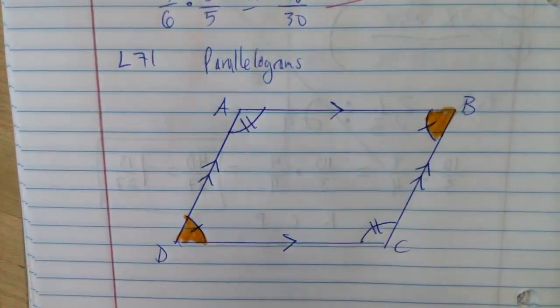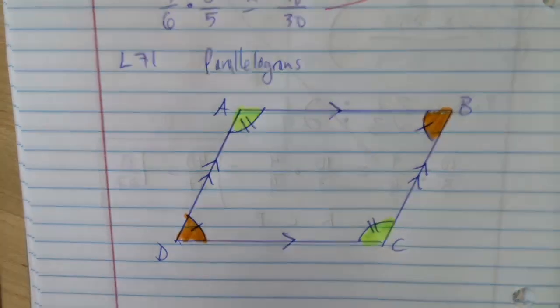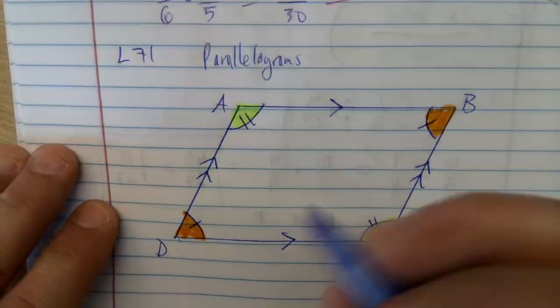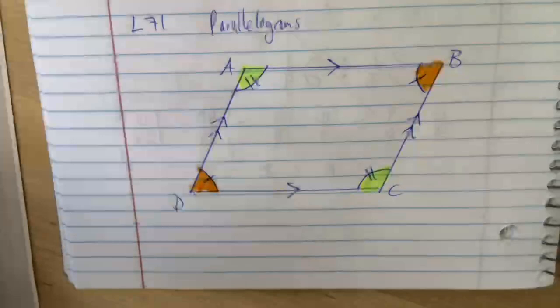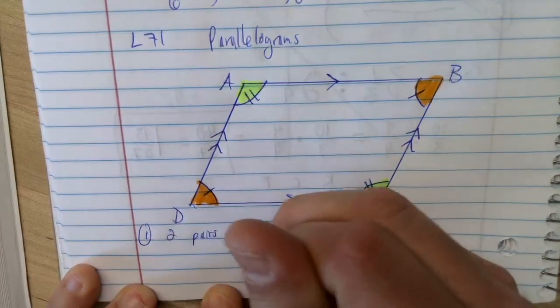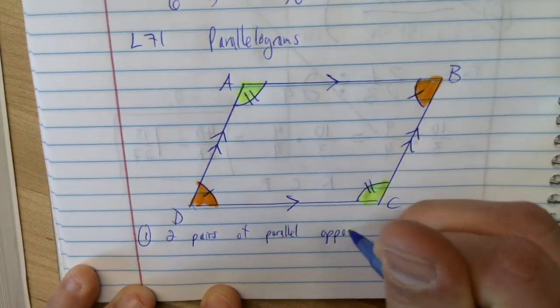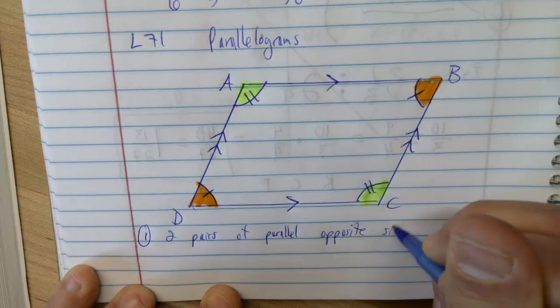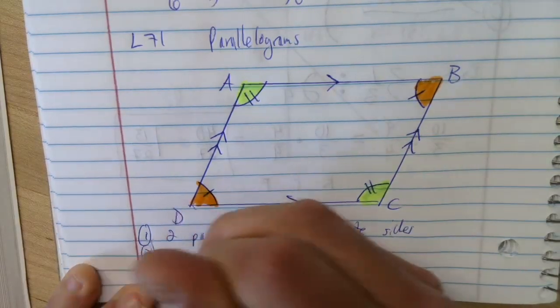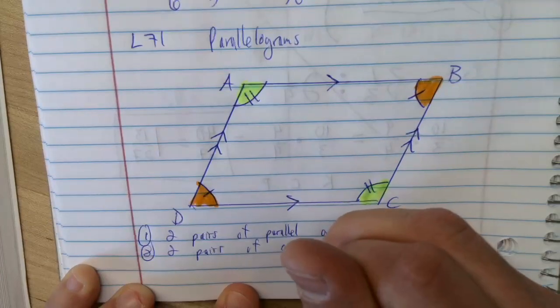Those are also going to be the same. So not only do we have characteristic 1, two pairs of parallel opposite sides, but also two pairs of congruent angles.